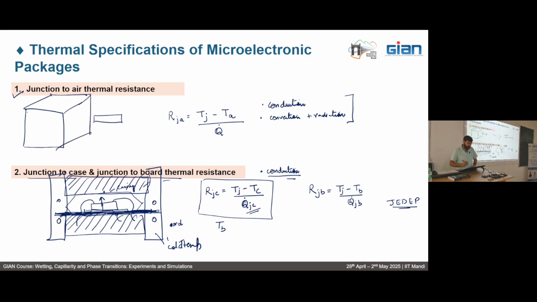On that board we have a holder, and from this, on a cantilever, we put our device, and then this device is operated, and then the air temperature we measure at a certain distance below this device.